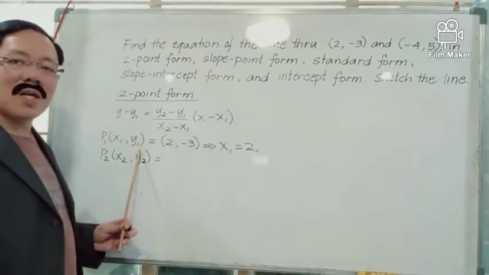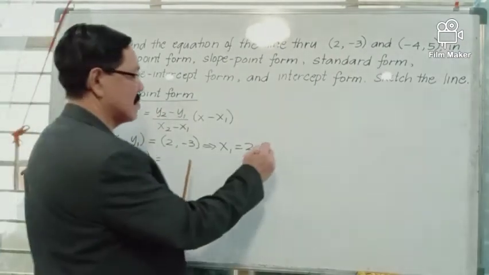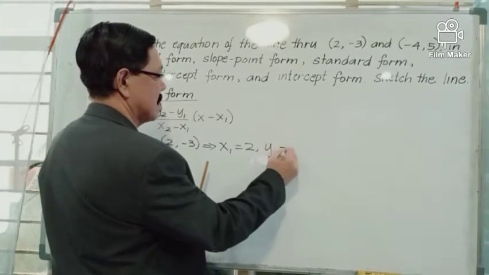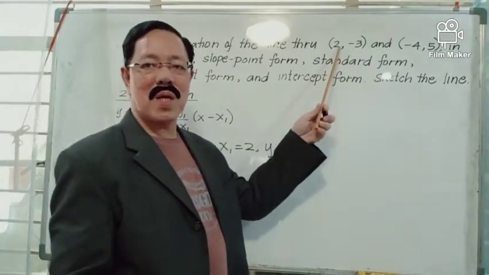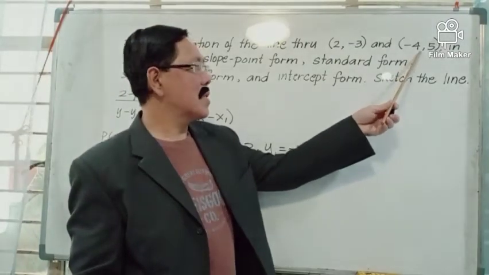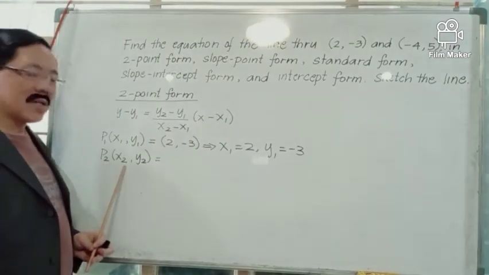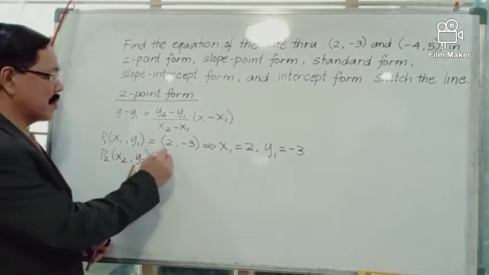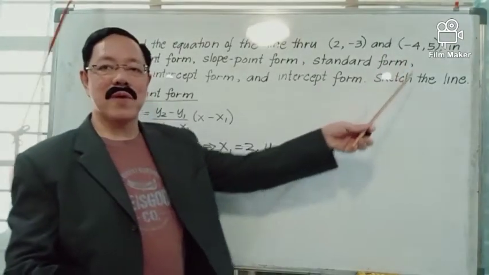The ordinate of P1, y1, is -3. Since we take this as our point P1, then the second point will be the point P sub 2. (-4, 5) is the point P2 with coordinates x2, y2. And this is equal to the second point, (-4, 5).